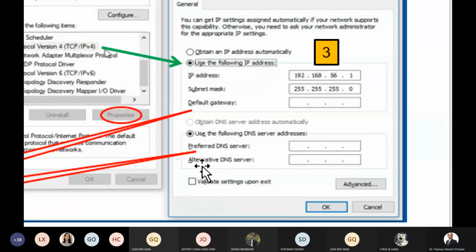All right? And again, this one is going to be blank because you're going to use the DNS server that comes in the DHCP packet.